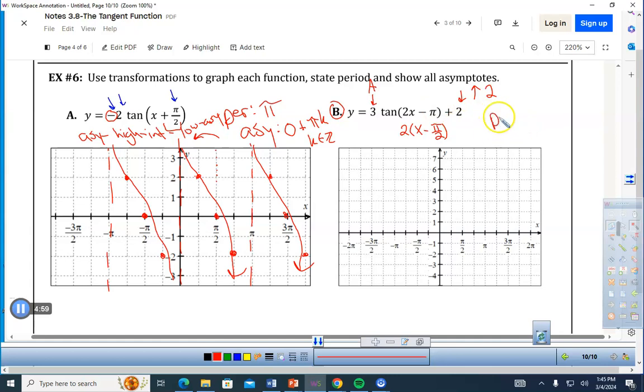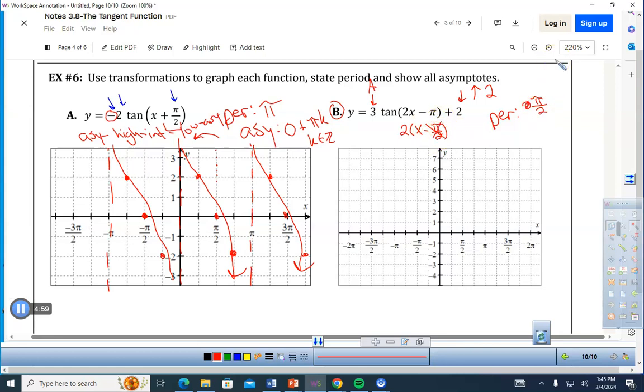All right, so what's my period? My period is going to be pi over 2, because I have to divide by that 2 in front. So think about this. I'm going to go left pi over 2, but if my period's pi over 2, I'm not even going to see that shift. I don't even have to worry about graphing it, because it's the same as my period.